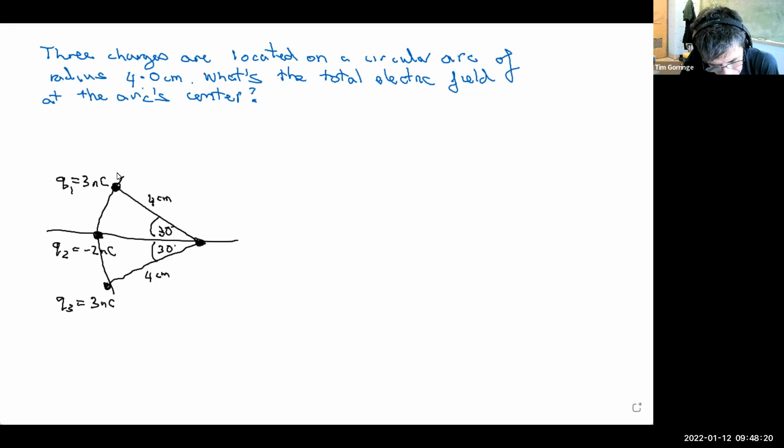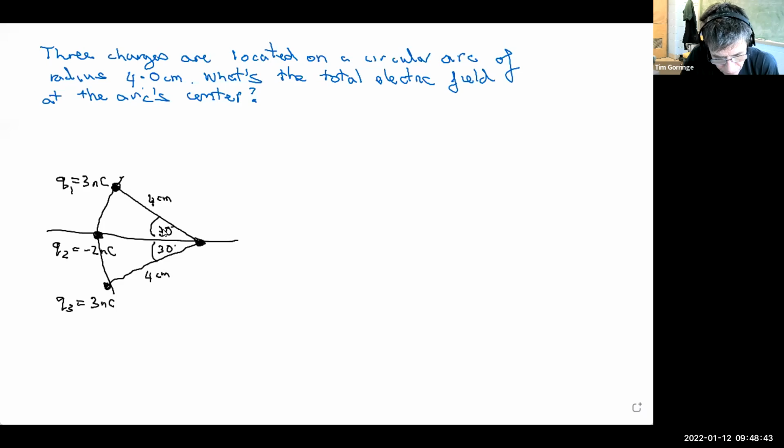So here in this diagram is the arrangement that we're thinking about. Charge Q1 is above the horizontal axis, Q3 below the horizontal axis, Q2 on the horizontal axis. The sizes are 3 nanocoulombs for Q1 and Q3 and -2 nanocoulombs for Q2.